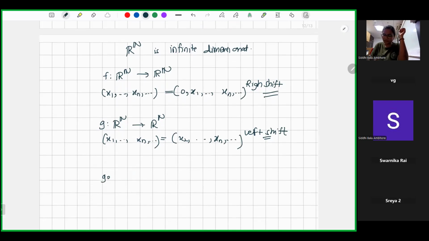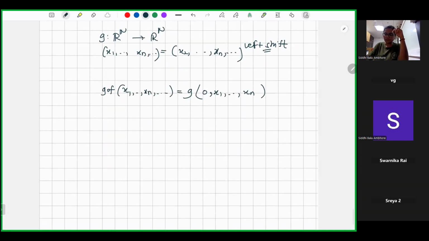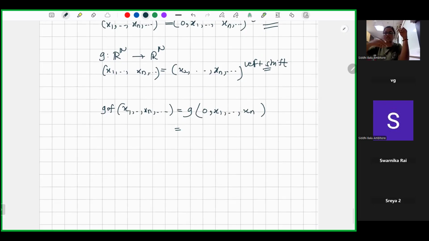Then G composed F of x1 to xn and so on will be, first we apply F to it, so this will be 0, x1, and so on up to xn. And then G shifts it back, the first one vanishing. So this G composed F is now essentially my identity map, x1 going to xn and so on.